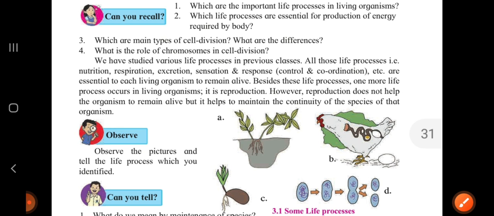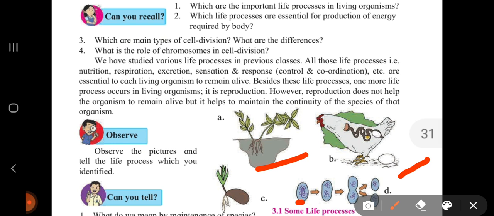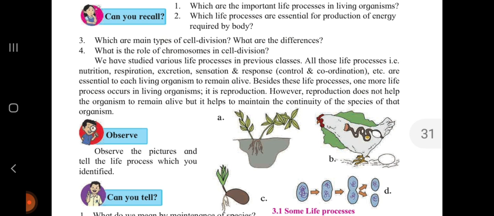Okay, so there are some pictorial images given over here, of plants, animals, and unicellular organisms, how they reproduce. So we are going to understand how reproduction takes place in unicellular organisms and then in multicellular, and then we'll go to plants and then to human beings. Okay, this is how we are going to understand.